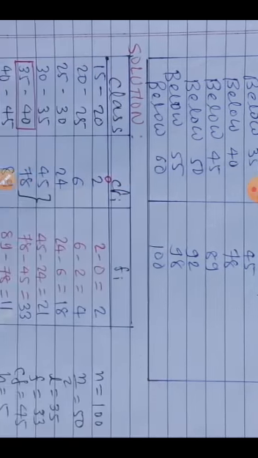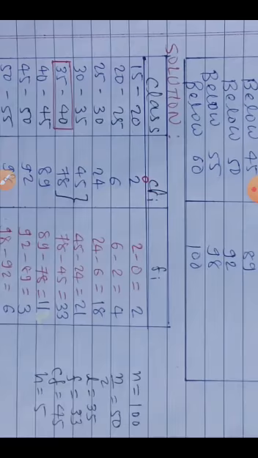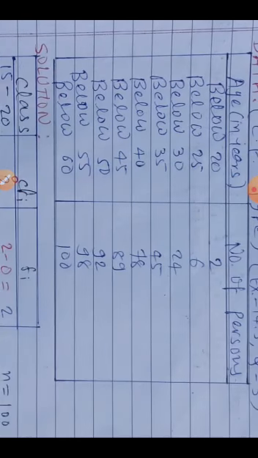Now the solution. First of all, whatever is given here in the question is written in the upper boundary. That you have to remember. If you mix that up, then obviously it will be wrong. So again I repeat: less than type, upper boundary; more than type, lower boundary.